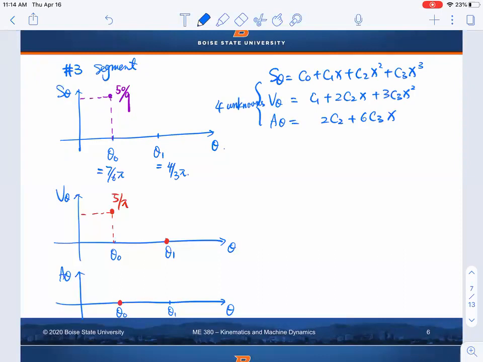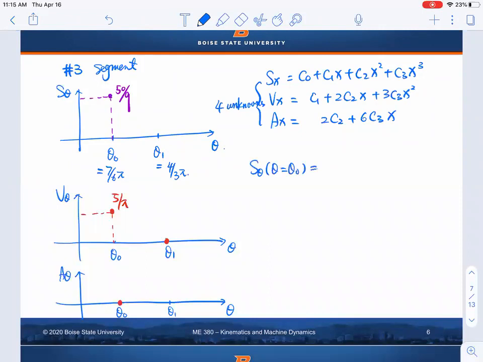So we need to find the equations in the X domain, right? Sorry, I made a typo there. That should be your SX, that's your VX, that's your AX. Because your polynomial is in the X domain, but all the boundary conditions are in the theta domain, it doesn't really matter. You just copy those boundary conditions first.